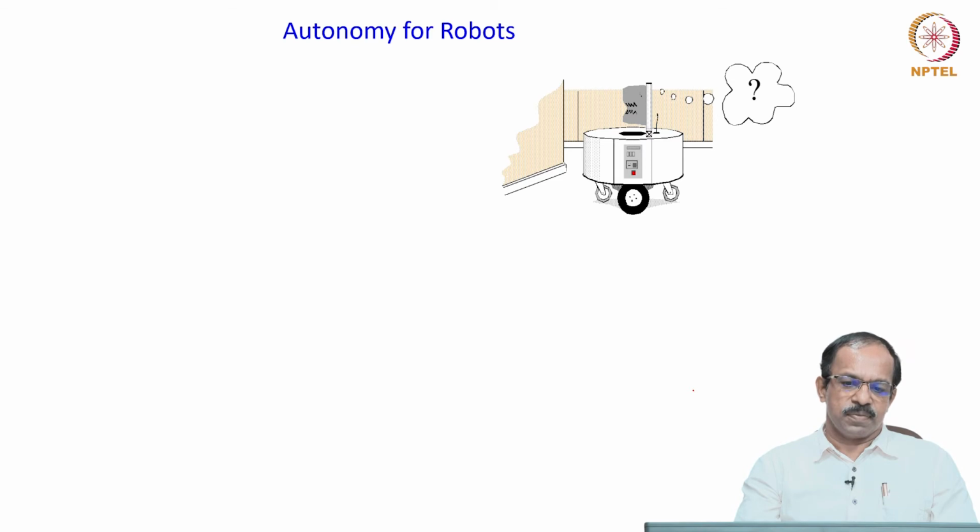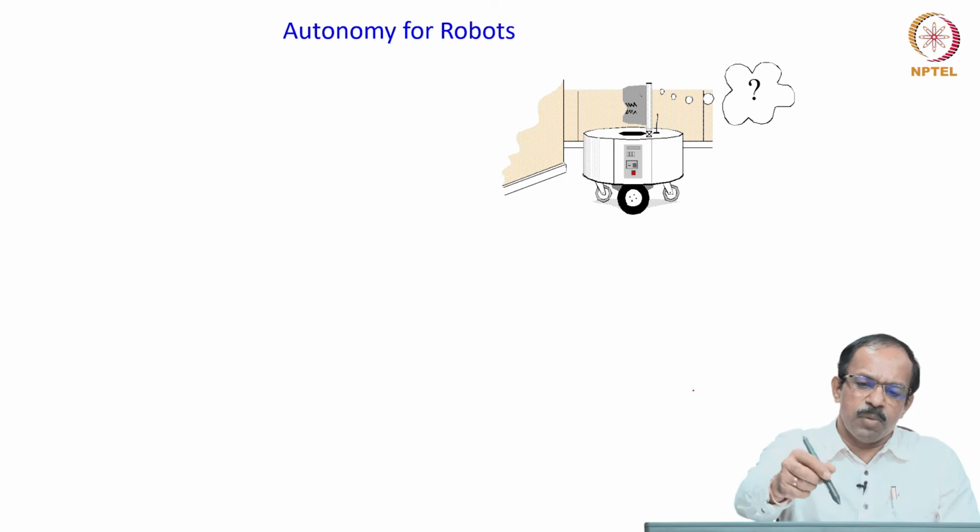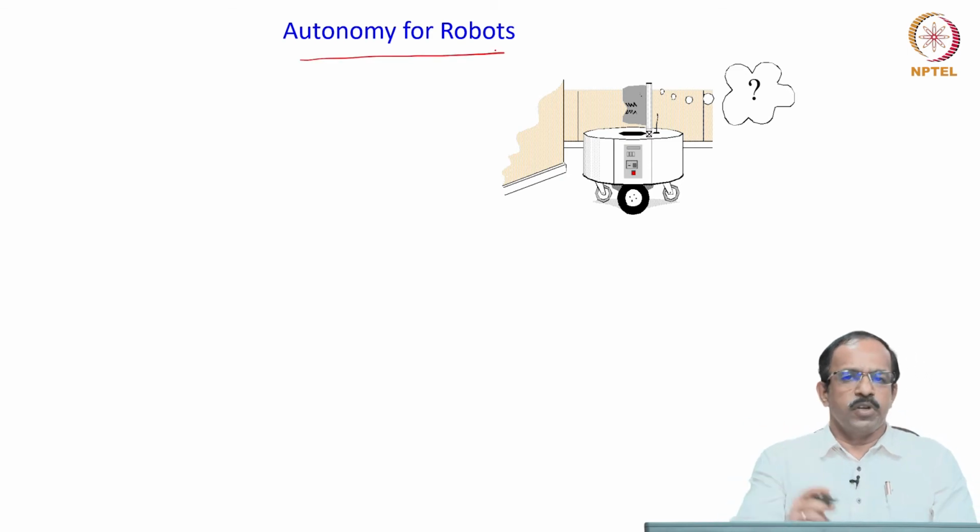So, what are the things that we need in a robot? If we can understand that, then we know the importance that sensors and perception play in mobile robots. For autonomy in robots, we need to understand how an autonomous system works.